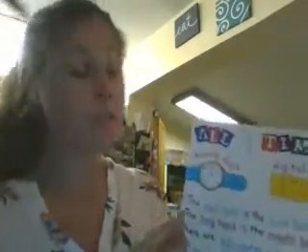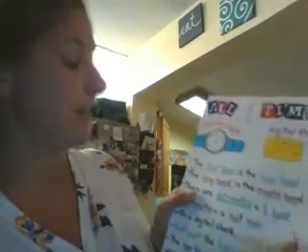So we have already learned what the shorthand is. Can anyone tell me off the top of their heads if they remember what the shorthand is? Correct, it's the hour hand. How about the long hand? Can anyone tell me what the long hand is? Excellent. It is the minute hand.